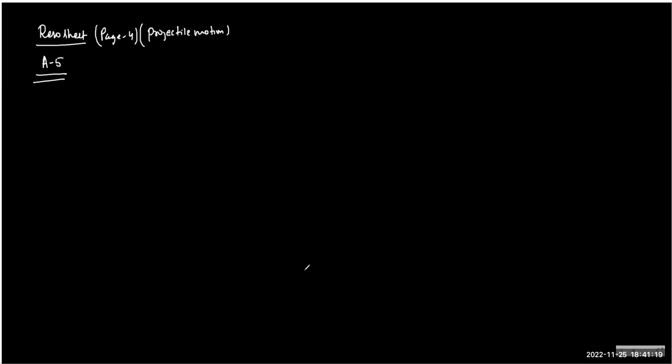The direction of motion of a projectile at a certain instant is inclined at angle alpha to the horizontal, and after time t it is inclined at beta. Find the... Have you attempted this question? Sir, I'm solving. Okay, you solve it, then I'll explain. So the idea is simple.